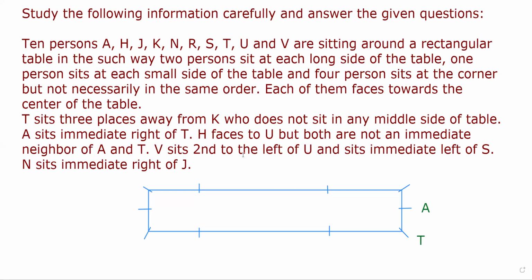Done. Now it's mentioned that H faces U, but both are not immediate neighbors of A and T. So H faces U, but neither is an immediate neighbor of A and T. Means for this position and this position, there will be no H and U. I'll mark it in red so that it will be easy to understand.